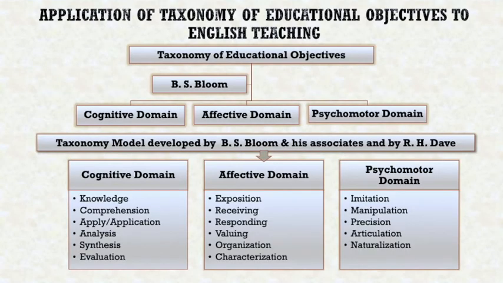Application of taxonomy of educational objectives to English teaching. The approach of taxonomy of educational objectives can be adopted to classify the objectives of English teaching. The taxonomical model is developed by B.S. Bloom. In taxonomy of educational objectives, there are three domains: cognitive domain, that is related to knowledge; affective domain, that is related to feeling; psychomotor domain, that is related to doing.